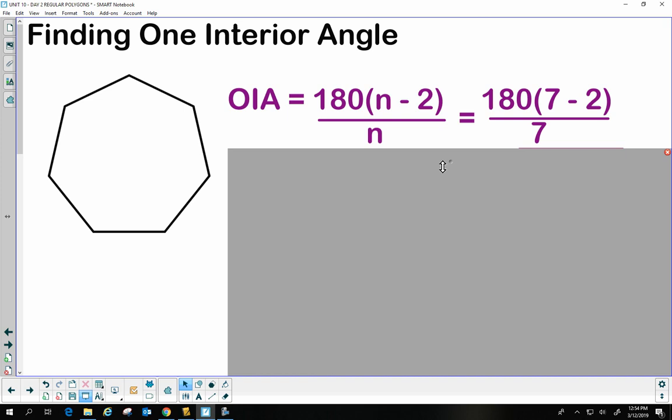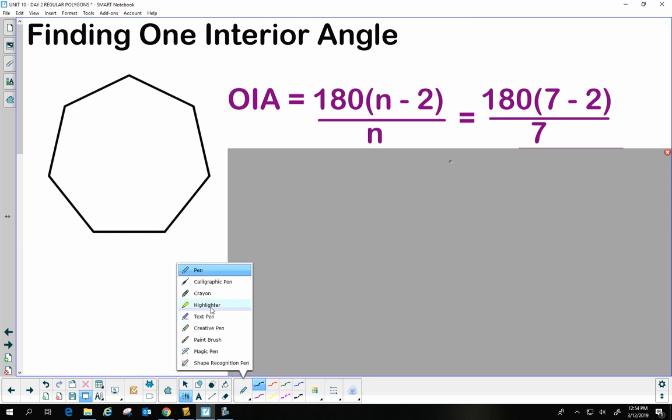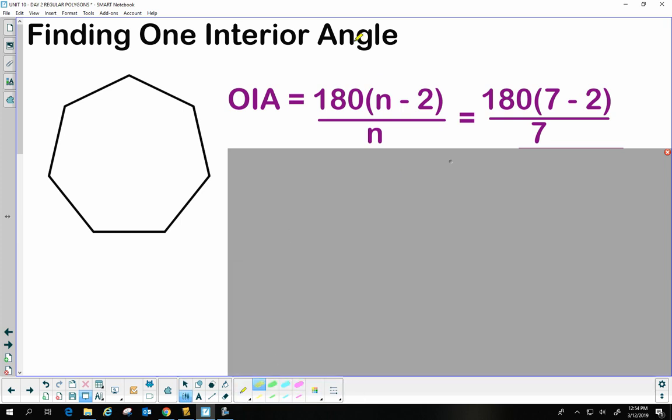So this is what the formula looks like. The top of that, the numerator, hopefully you recognize: 180 times n minus 2. That's the sum of the interior angles, SIA. And so since all of them are equal, if we want to find out how big one of them is, we just divide by the number of sides.